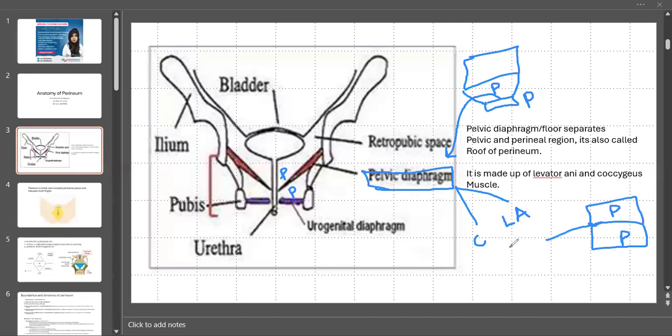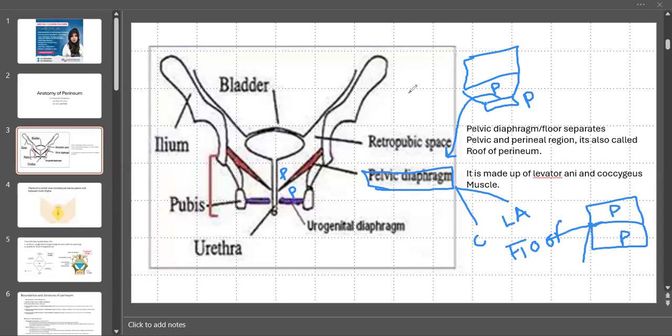Then if it is the floor to the pelvic cavity, can it be the roof to the perineum? Yes or no? The same structure is the roof for the perineum and the floor for the pelvic cavity, right?